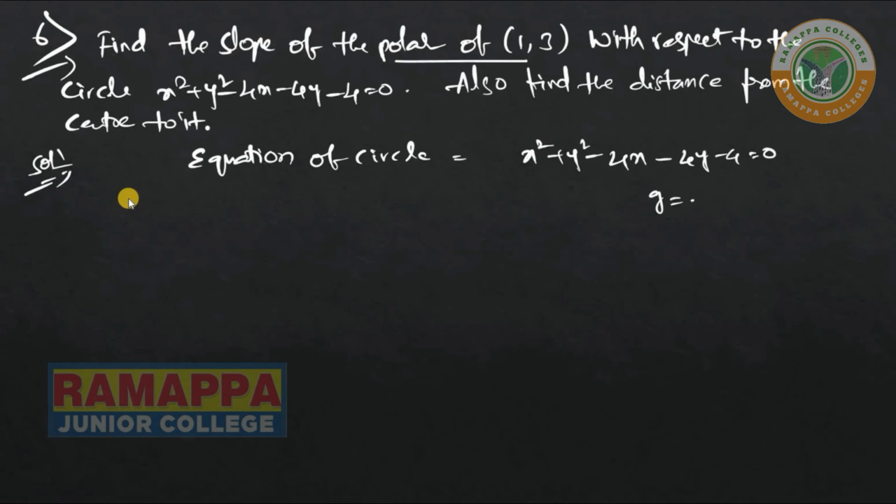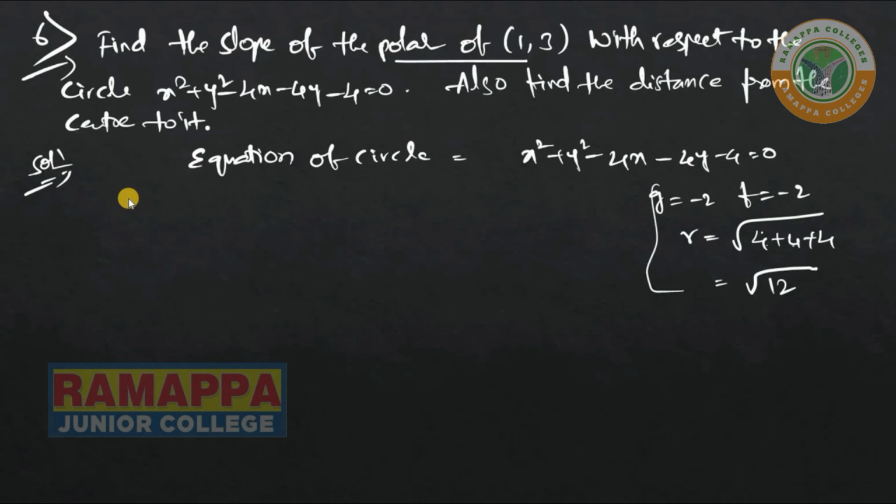Here g is equal to minus 2, f is equal to minus 2, and r is equal to under root of g square plus f square minus c, which is 4 plus 4 plus 4, so under root of 12. We leave this aside.